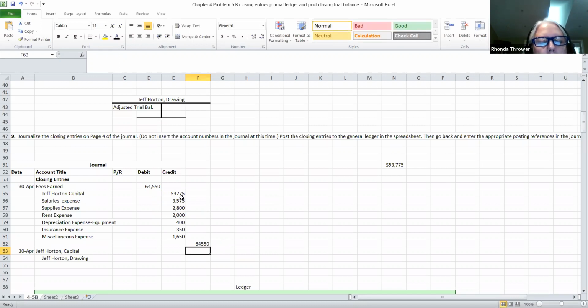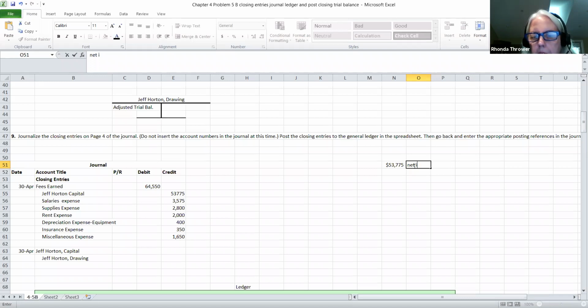Oh yes, I did. I added up all of my credits and this amount equals this debit. So I know that this amount is correct here. And that's just something that I did to check to make sure that I had everything in there correctly for my net income. But this is my net income amount here.